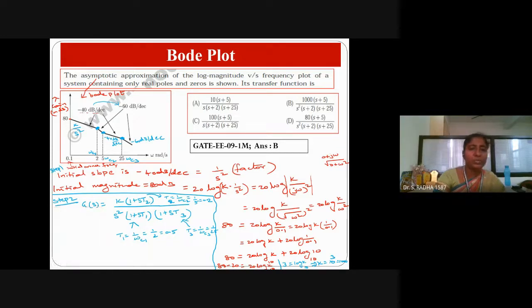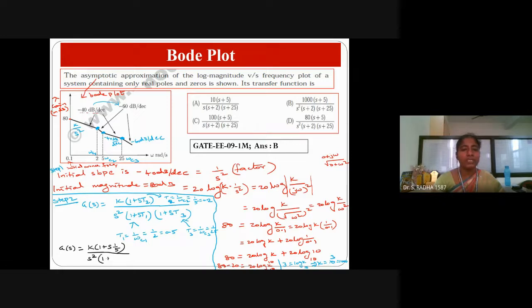So now what I will do, in the place of capital T, I will substitute 1 by omega everywhere. Now the transfer function is numerator K by s square, and then in the numerator I have 1 plus s into T2, where T2 value is 1 by 5.